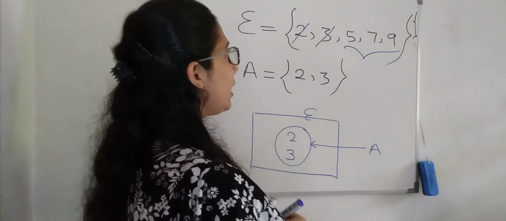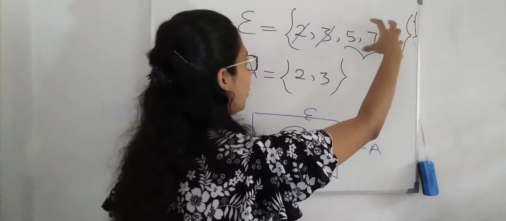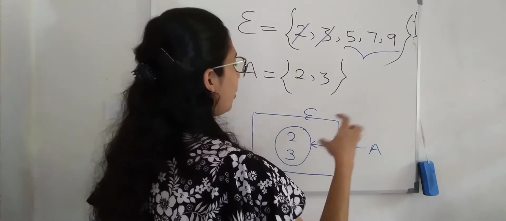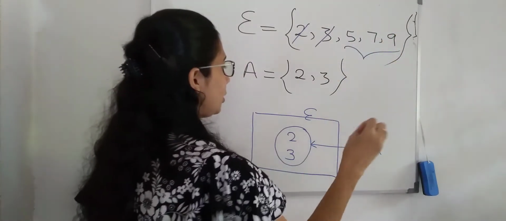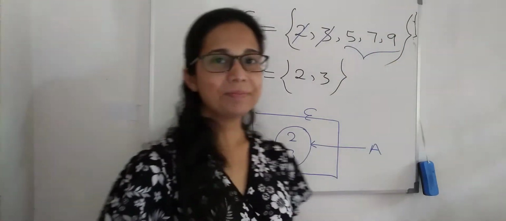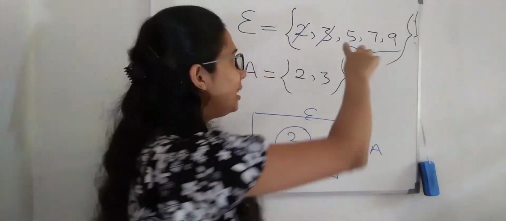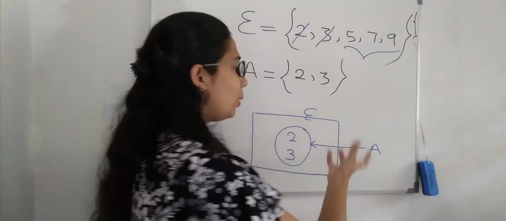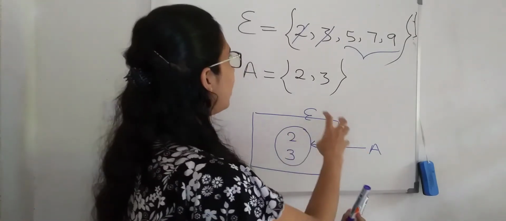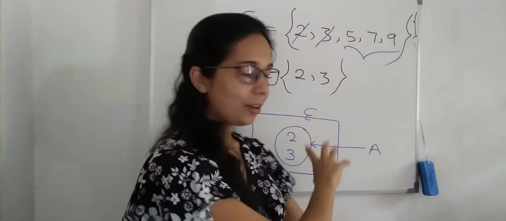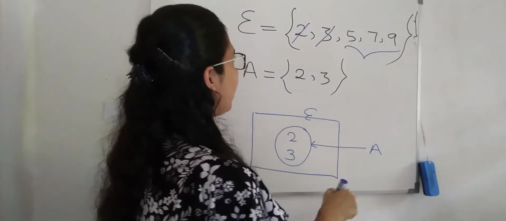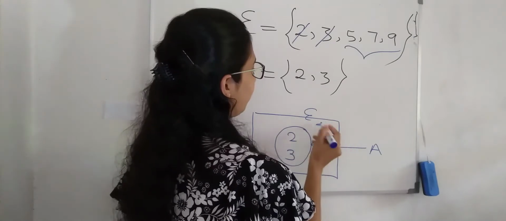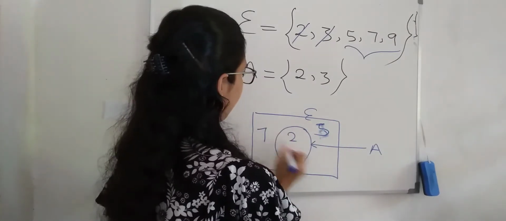Only these three elements. We have to write these three elements inside of the universal set but outside of the set A: 5, 7 and 9.